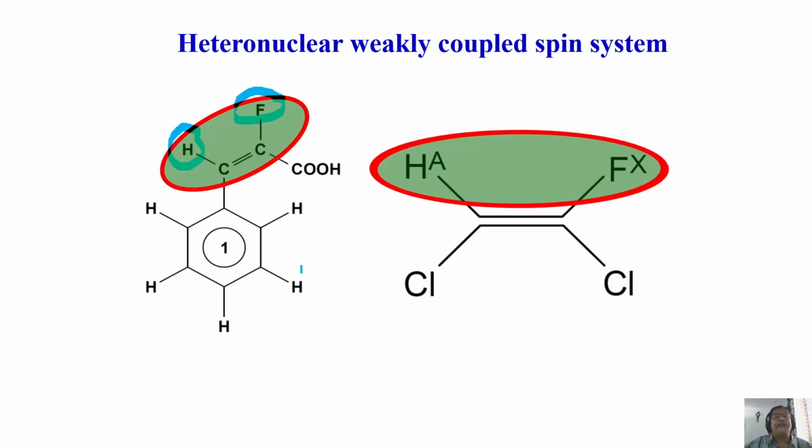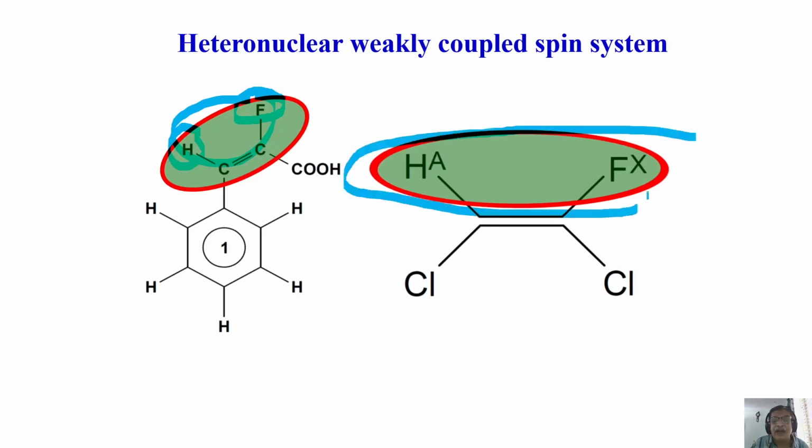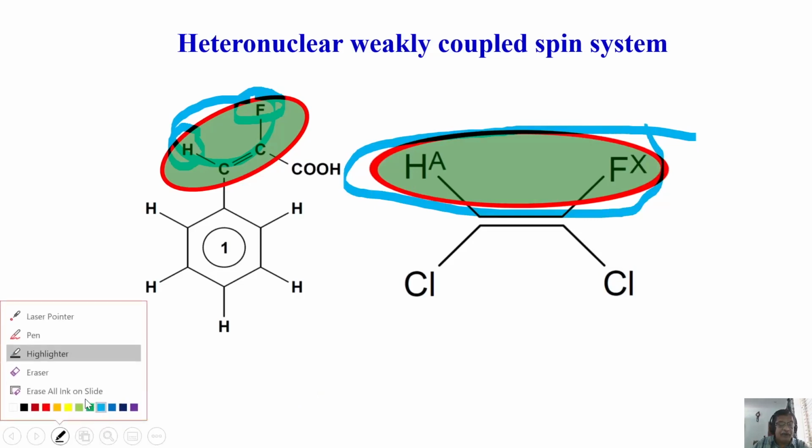You can call it a chemical shift separation of the order of 30 megahertz. What is this coupling? Only 10 hertz or 15 hertz. This means heteronuclear systems are invariably weakly coupled. Please remember, when I give an example of a heteronuclear spin system and ask whether it is strongly coupled or weakly coupled, immediately it should come to your mind that such heteronuclear systems cannot be strongly coupled. They always have to be weakly coupled. This is a very important point. Heteronuclear case can never be strongly coupled.